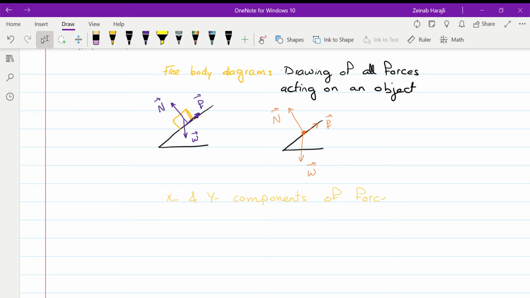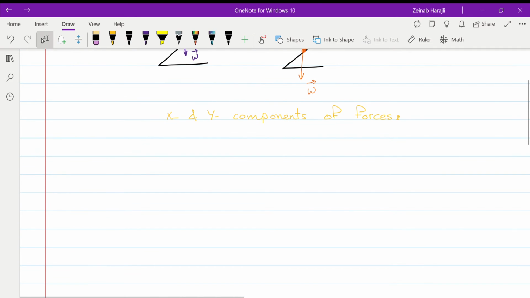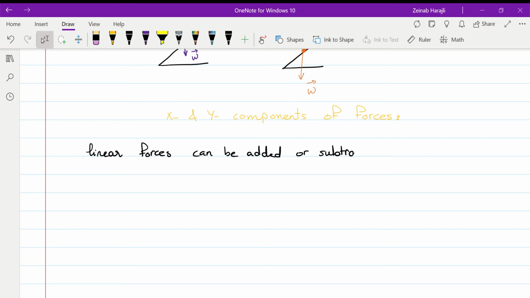So usually when we are studying forces, if we have linear forces, these can be added or subtracted directly to find the net force acting on a given object.